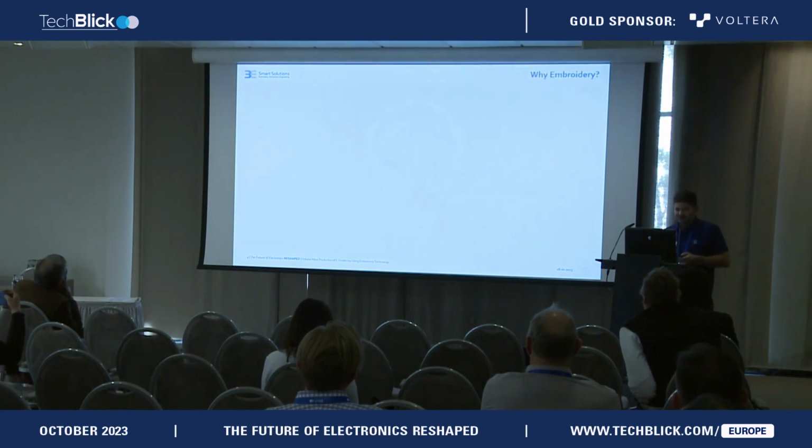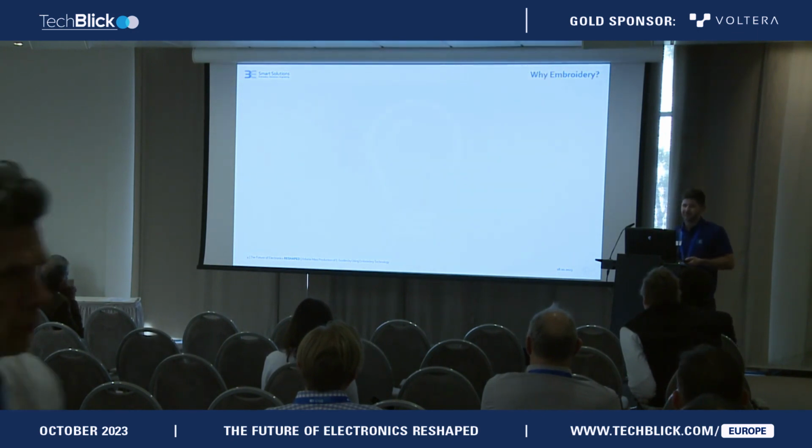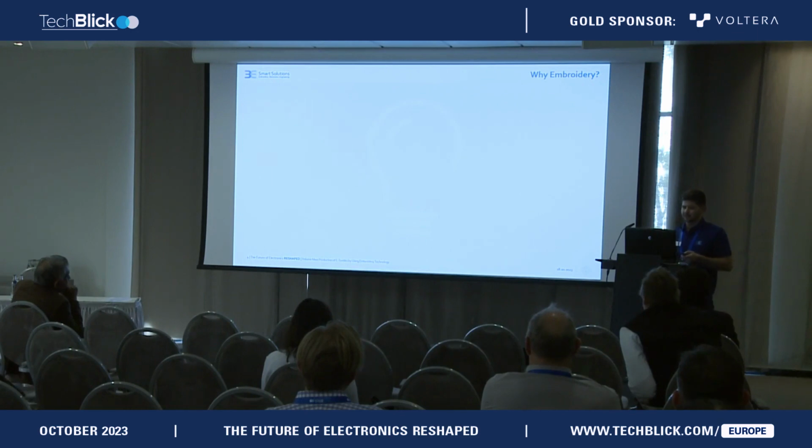So yeah, embroidery has pretty much to do with smart textiles, and this mainly because it offers solutions like we can integrate electrical components and PCBs directly to textiles in the same production step.